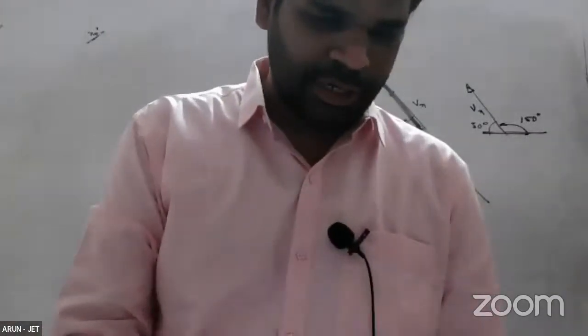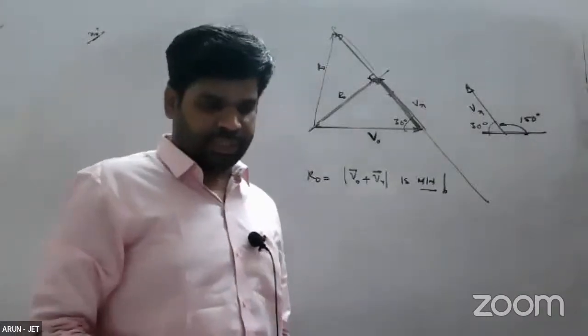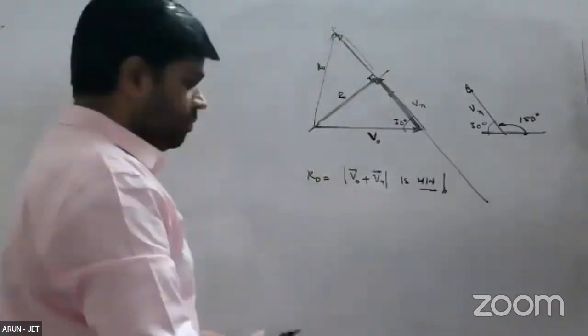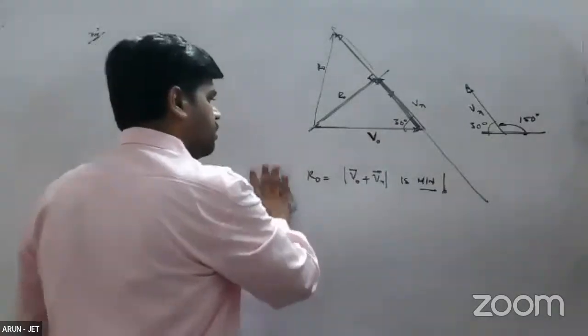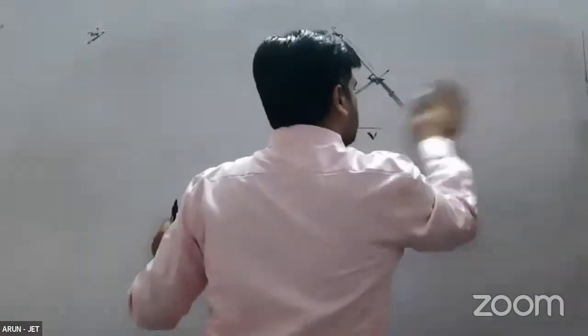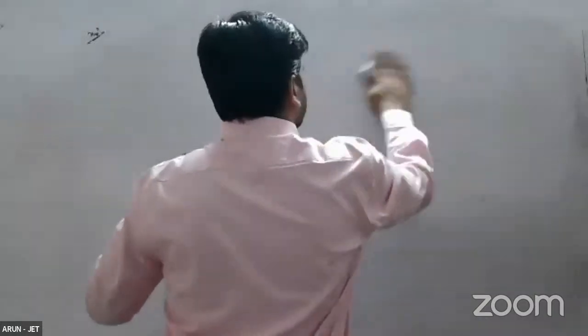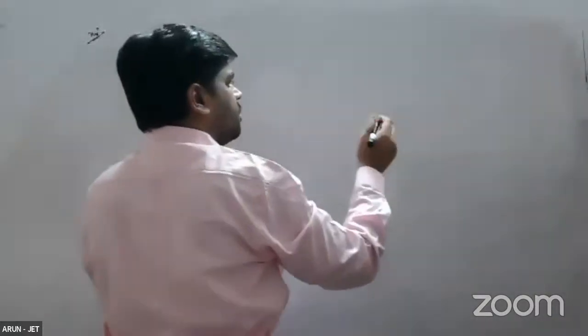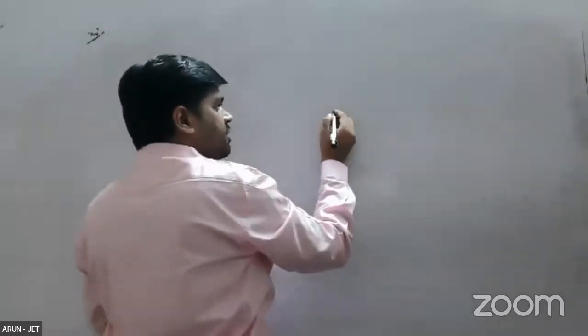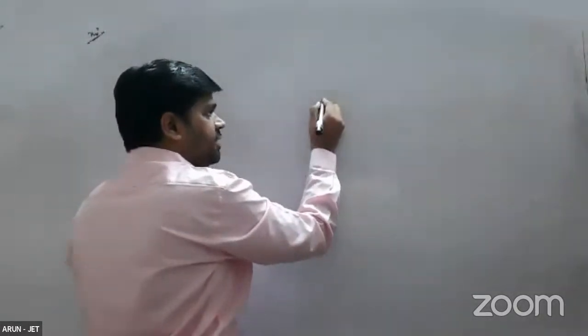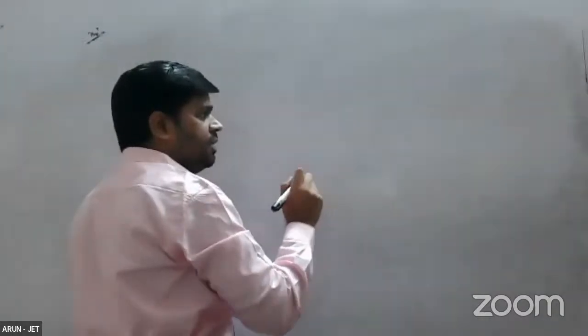Now, there are some problems I would like to solve. First problem says, there are two vectors given.